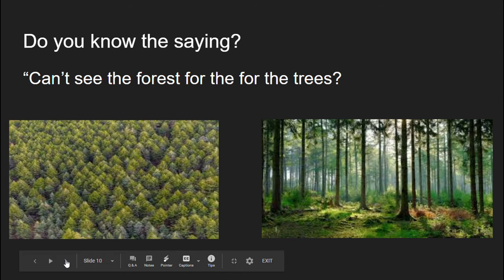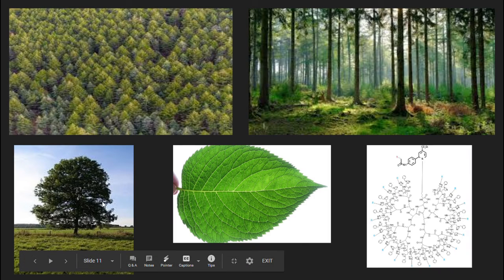Have you heard the saying, you can't see the forest for the trees? Well, in Bible surveys and Bible studies, we want to look at the forest and the trees, and maybe even more than that, depending on how deep you want to dig. So if you look at it like this, it's something from very general to very specific.